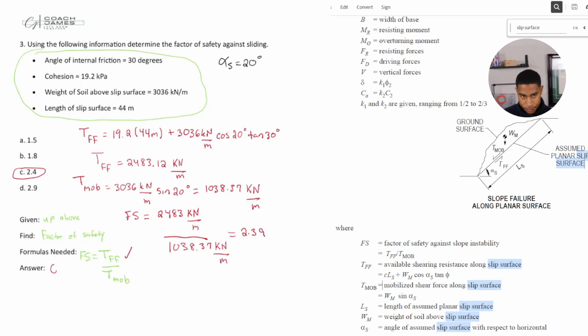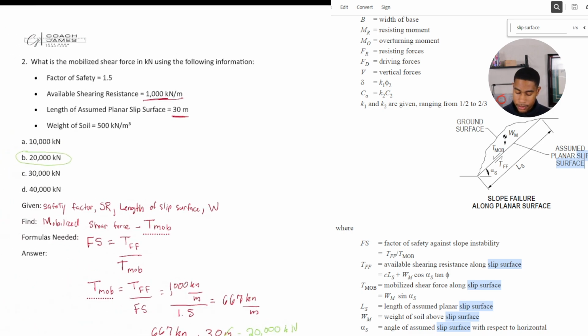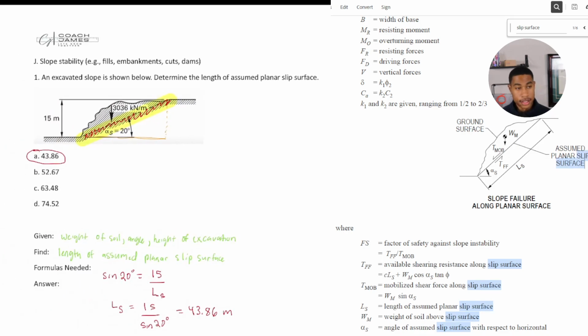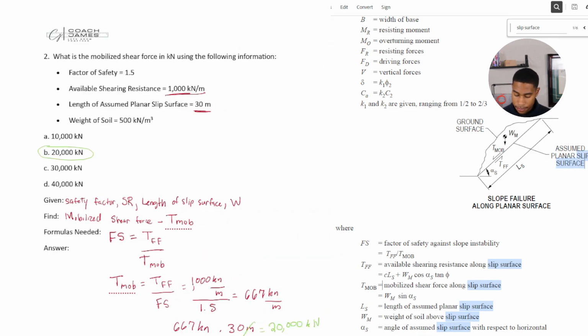It would have been nice if I would have included that variable in this question, but basically the gist of it is to take the information that you're given and be able to solve for your unknowns, right?